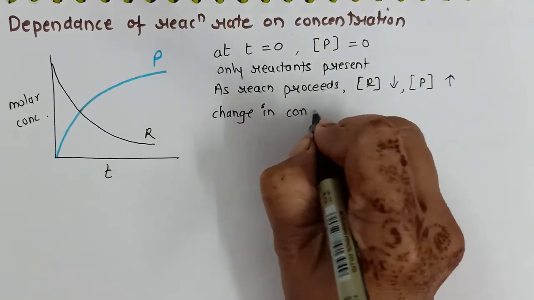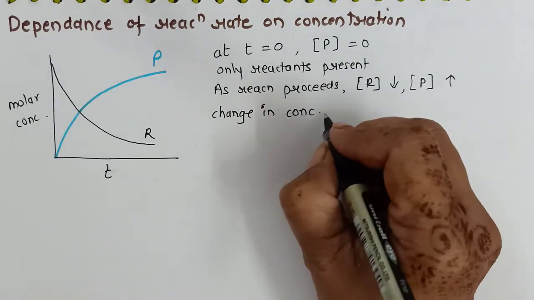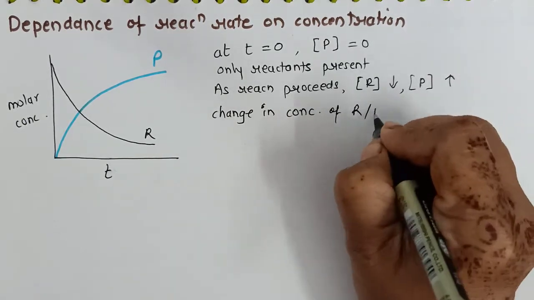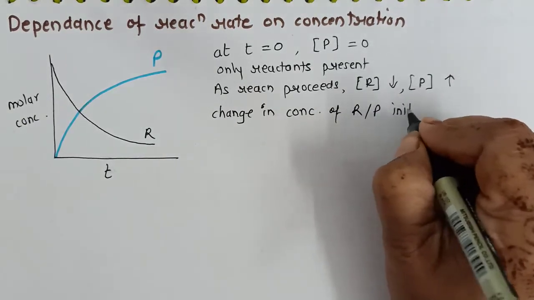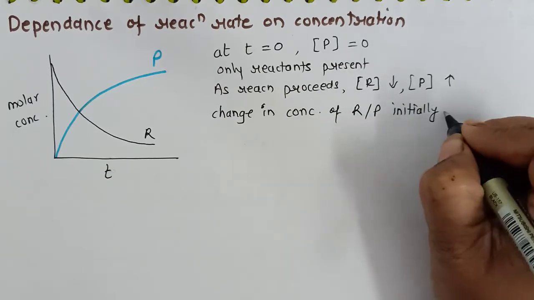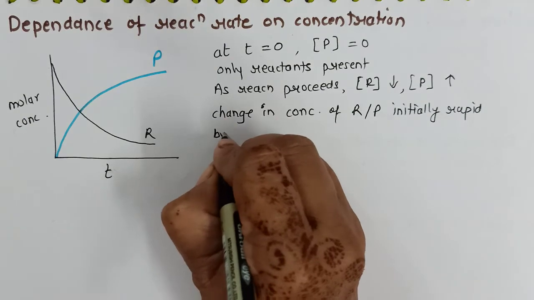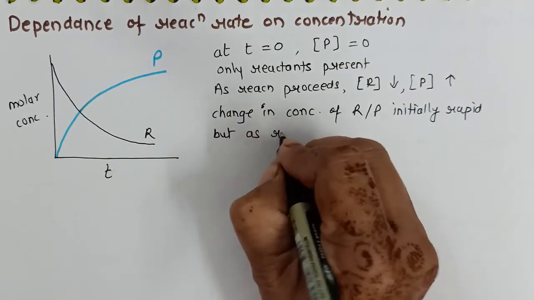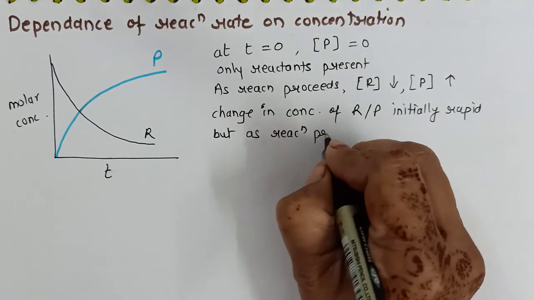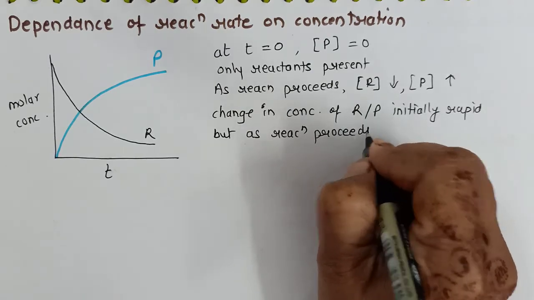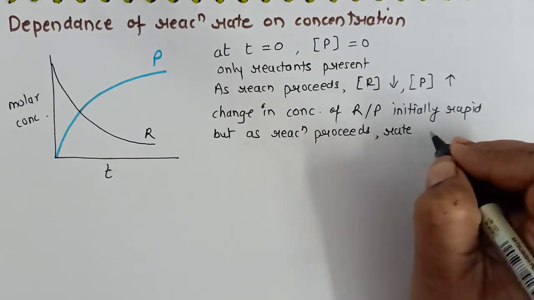But it is only in the initial state. So the change in concentration of reactant or product, initially these changes are rapid, but as the reaction proceeds, the rate becomes slow.